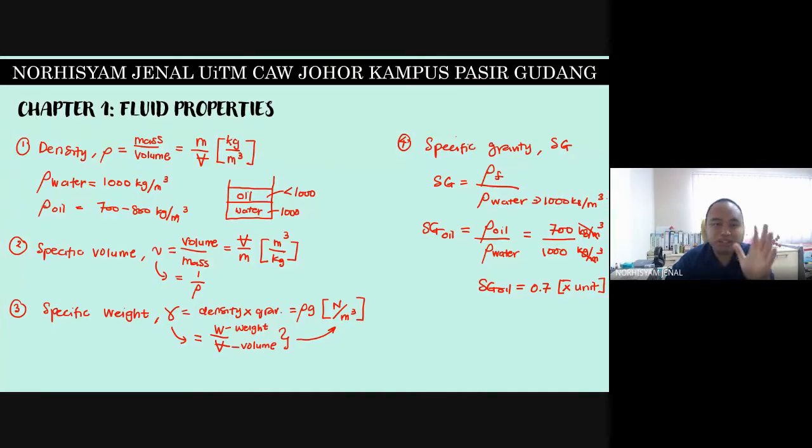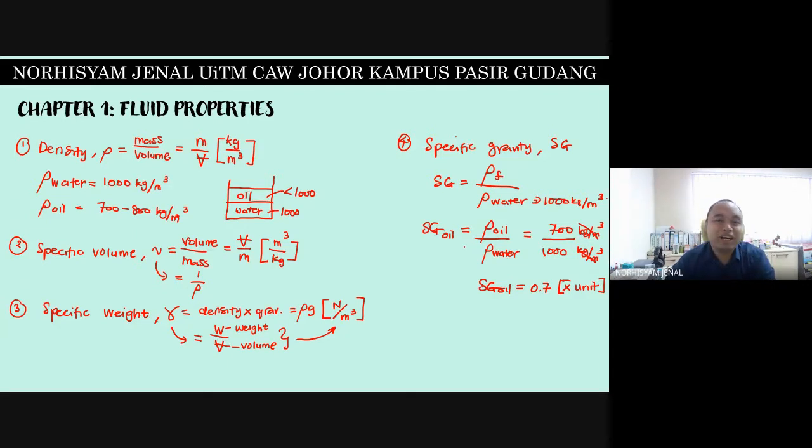You use water every day, and we know the density is 1000 kilogram. The number is clearly stated, 1000, simple. So we can do comparison compared to water as an easy comparison, as a benchmark. So for example, if the Sg is lower, it means the density of the fluid is lower than water. All right. And so on and so forth.